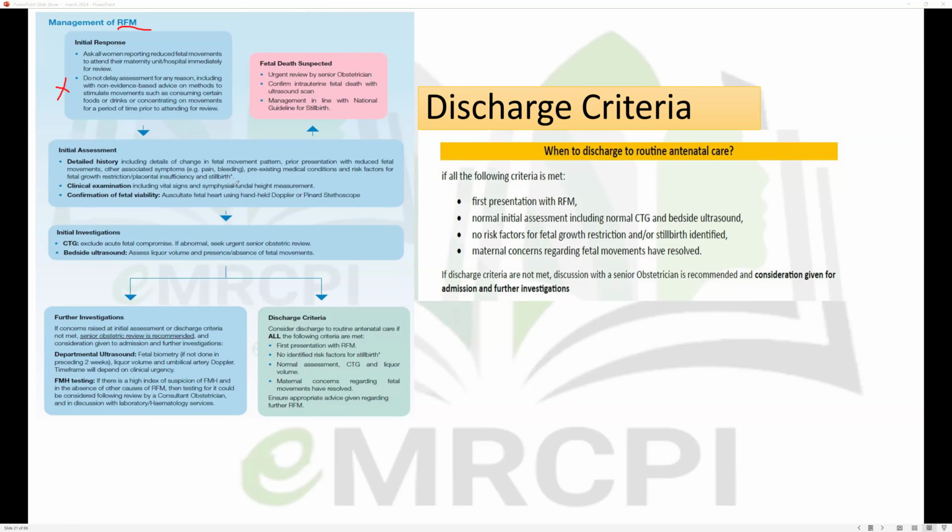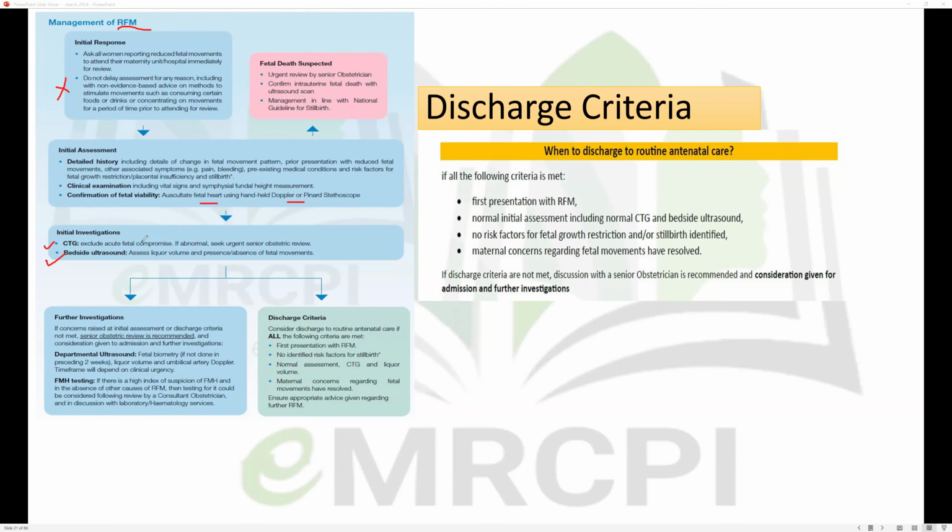Clinical examination includes vital signs and fundal height measurement. Confirmation of fetal viability: you will auscultate the fetal heart with the hand Doppler or Pinard. Initial investigation, you will need both CTG and the bedside ultrasound.